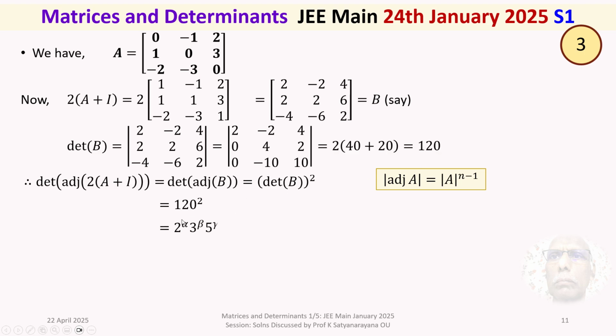It is given 2 power alpha, 3 power beta, 5 power gamma.